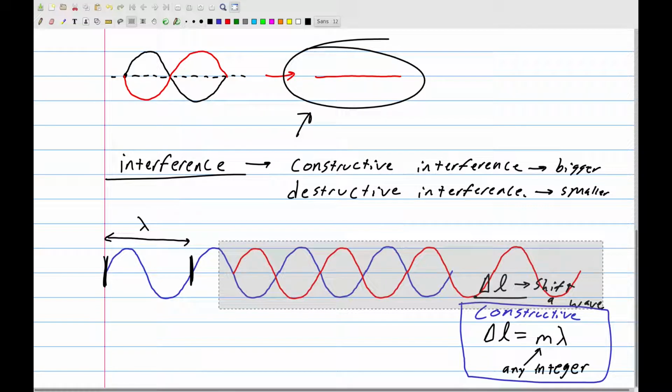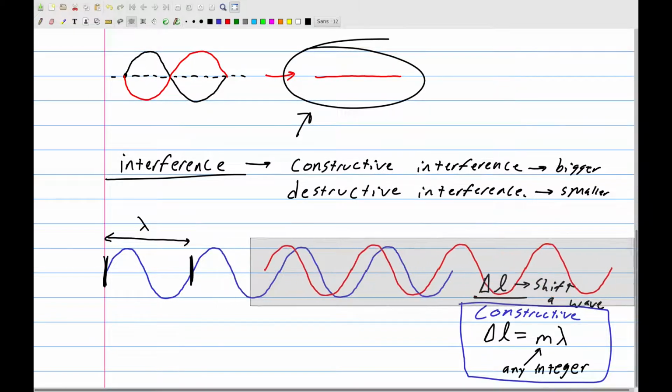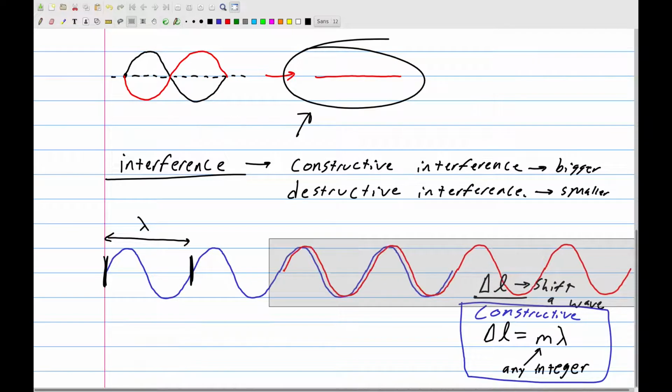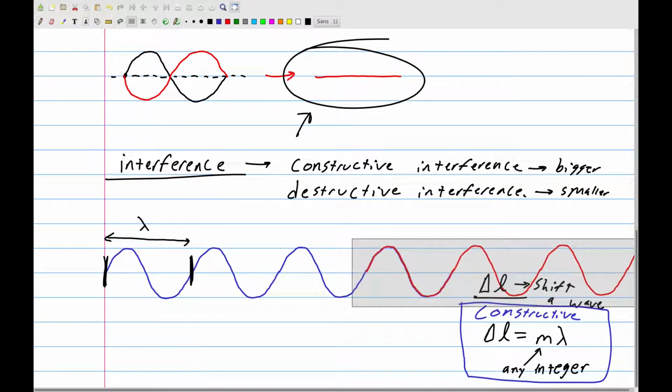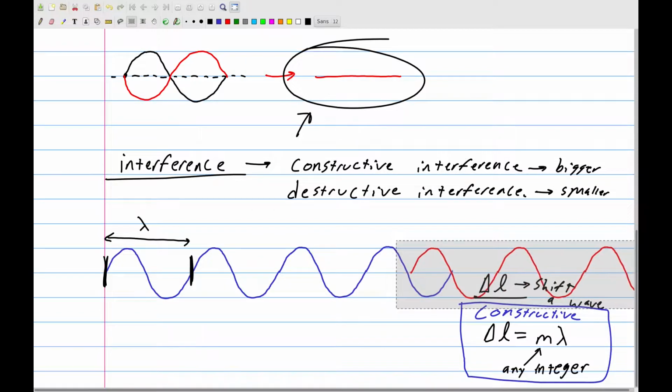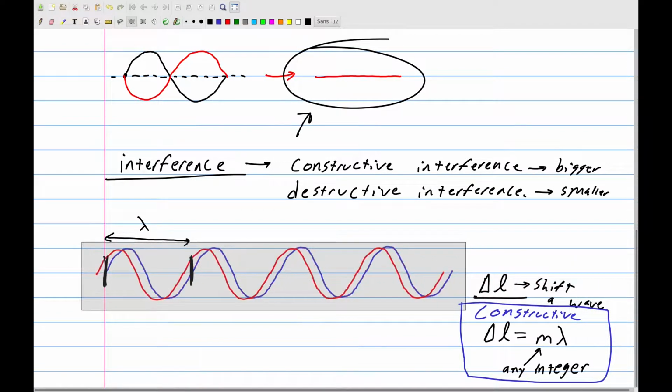So that's 1.5 wavelengths. Or maybe I've gone 2 wavelengths now. 2.5 is where it'll appear. This is 3. This is 3.5. So it turns out we're going to get destructive interference every time we have a half wavelength.